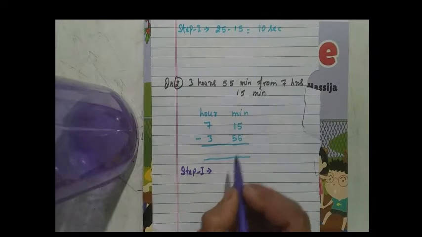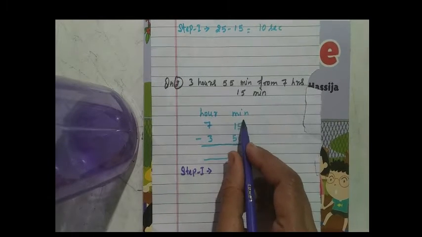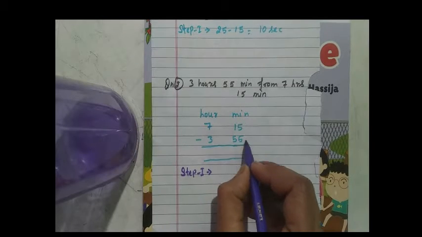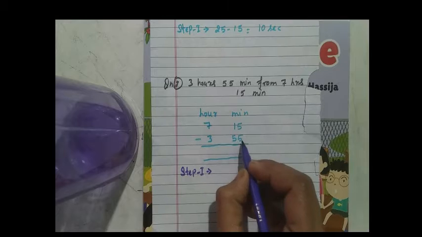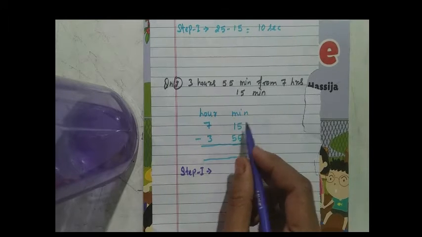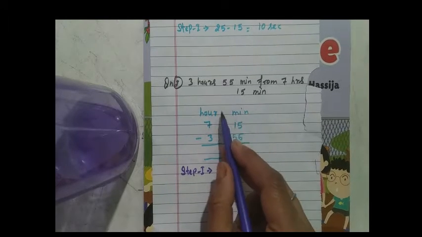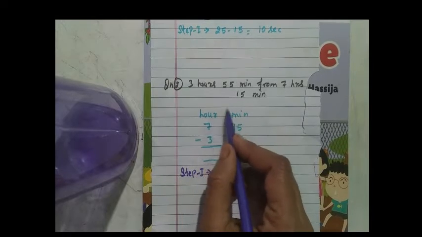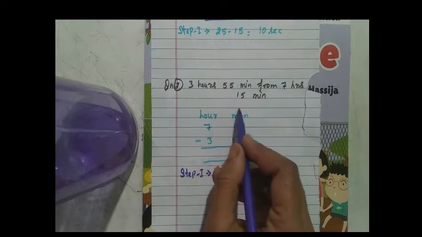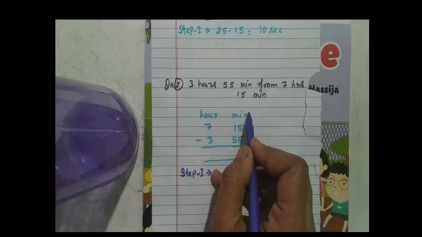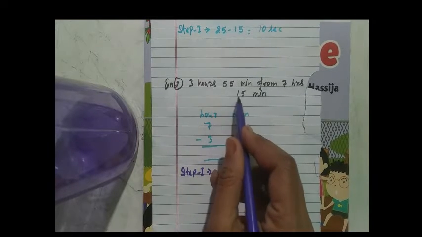Step 1 is the minutes: 15 minus 55. Can you subtract 55 from 15 minutes? It is not possible. We will take a borrow from the hours. The hours will give 1 hour to the minute section, and in 1 hour, how many minutes?